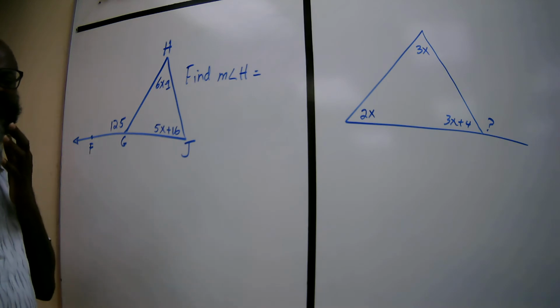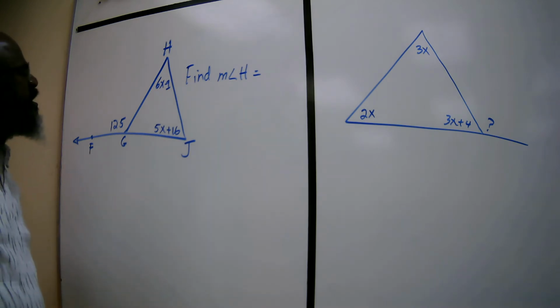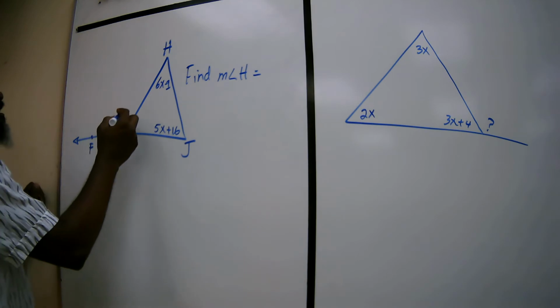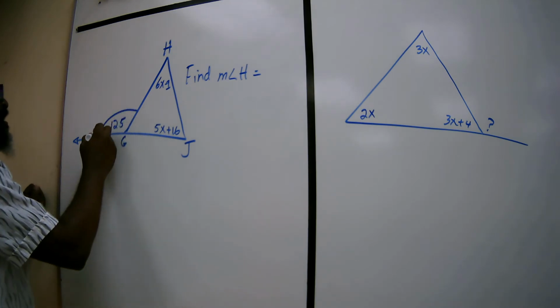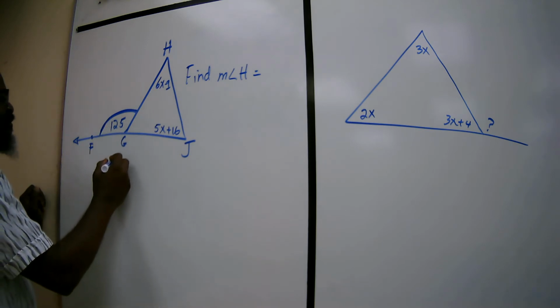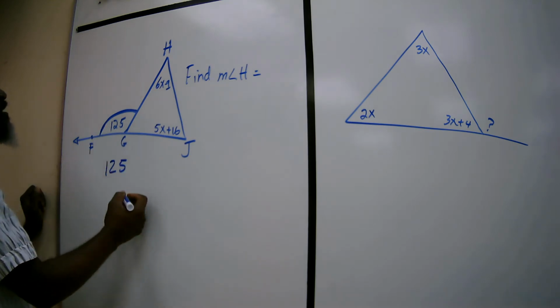Alright, we are continuing with our lesson. Based on that drawing, they are asking to find angle H. That has to do with the exterior angle theorem. The exterior angle theorem states that this angle should be equal to the sum of the two remote interior angles.